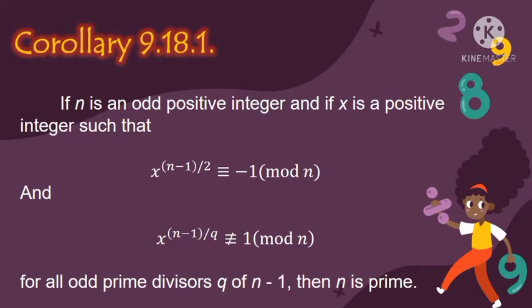So here, q are all the odd prime divisors of n minus 1. So as long as our least positive residue will not equal 1, then n is prime.